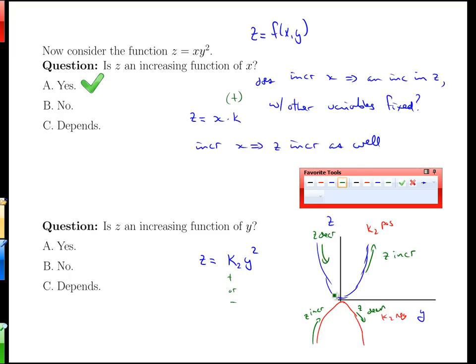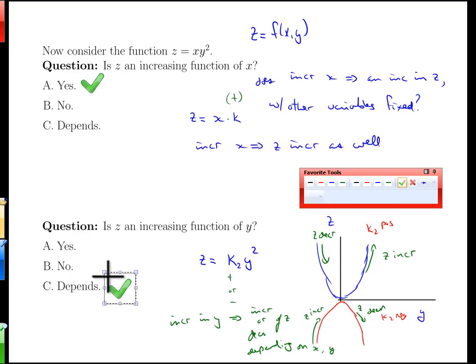And all of this says that a simple increase in y implies an increase or decrease of z depending on a number of factors, depending on the x and y values.